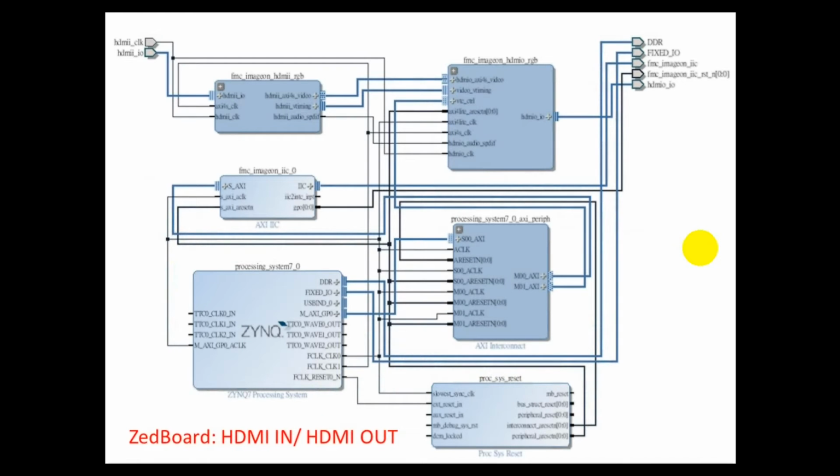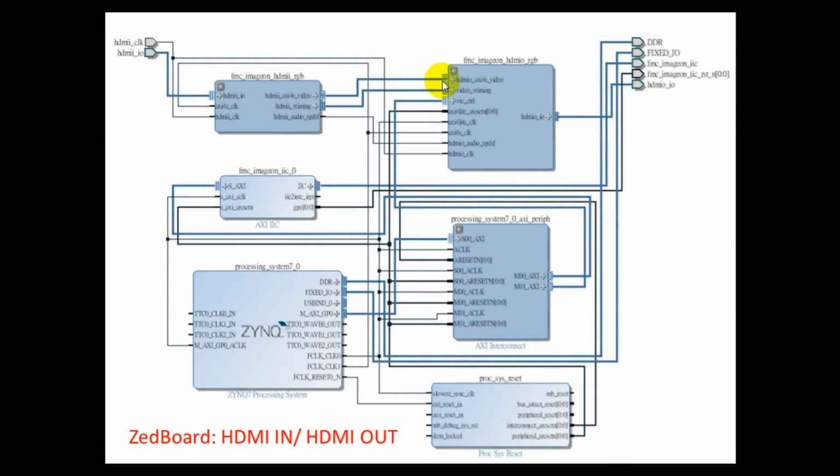And once you create your project, you will see block design like this, and this one is for Zboard. You will have Zynq PS, you will have I2C here, and you will have HDMI input block. You can open this block and see the detail, and you will have the HDMI output.